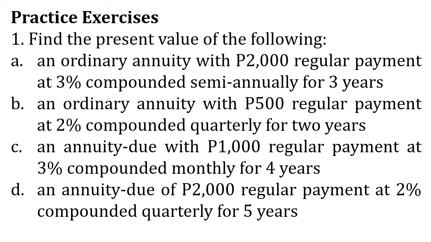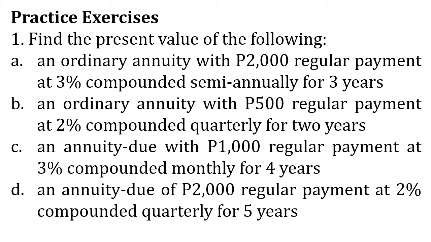For the practice exercises, number 1, find the present value of the following. A, an ordinary annuity with 2,000 pesos regular payment at 3% compounded semi-annually for 3 years. Letter B, an ordinary annuity with 500 pesos regular payment at 2% compounded quarterly for 2 years.